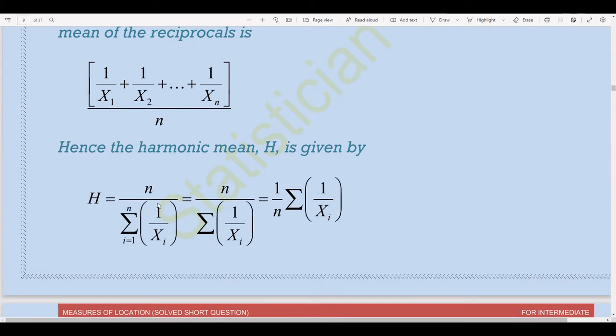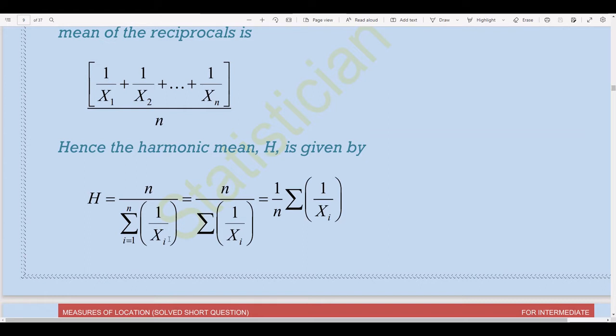As you see, in arithmetic mean it is sum of x over n, but here it is n over sum of x. It is the reciprocal, the inverse of the arithmetic mean.